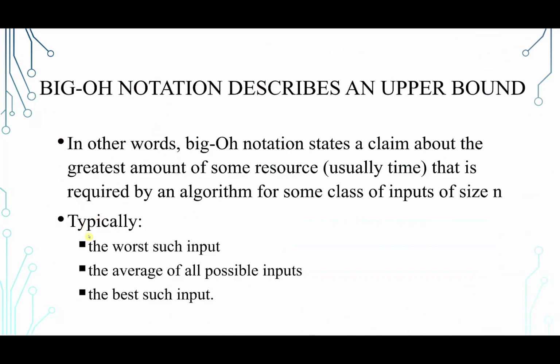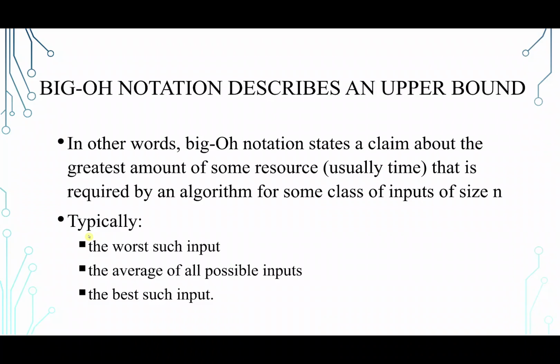So, in other words, I can say Big O notation states a claim about the greatest amount of some resource, usually time, sometimes space, that is required by an algorithm for some class of inputs of size n.